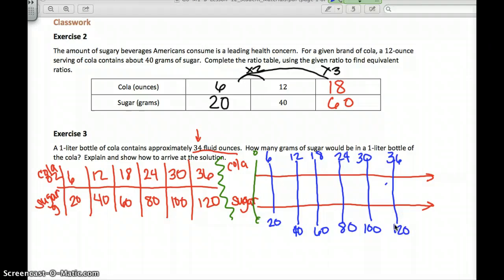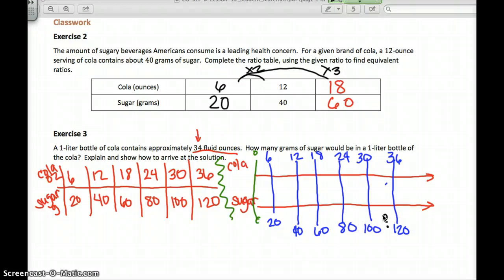All right, so by looking at our table, we can see that it's not going to be even here. We can't just pick out a number down here because it falls in between. Because we know 34 falls in between 30 and 36. So somewhere on our chart down here is going to be how many grams of sugar will be in there.